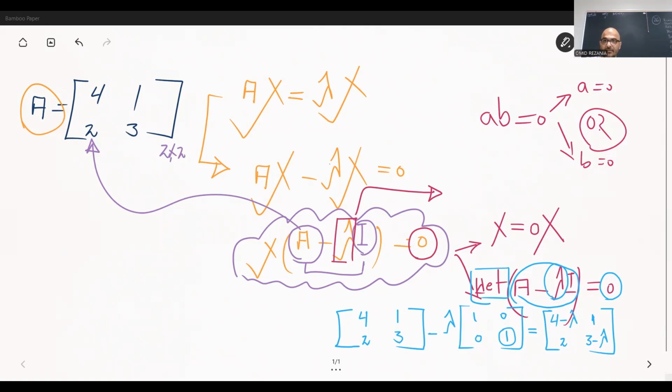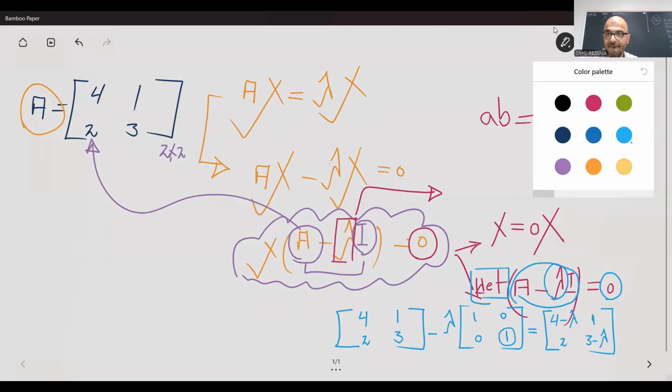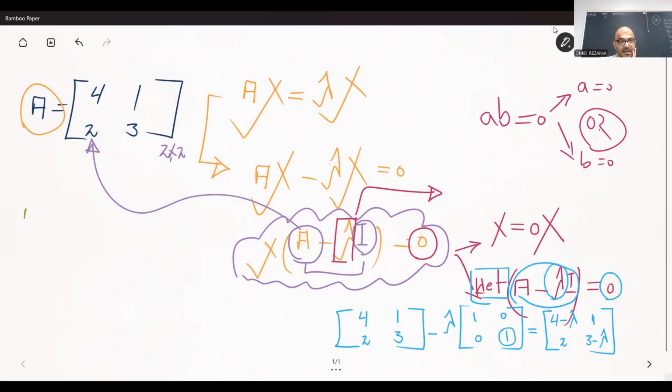Now, let me come over there to show you, as a side note, how to find the determinant of a matrix. Look at that. I have a matrix. It's a side note, I'm just going to write it here because we need it.